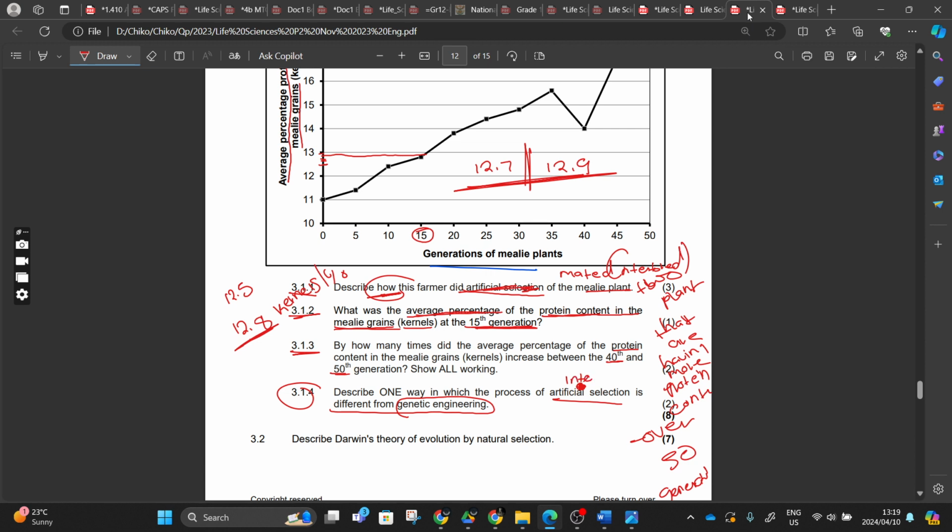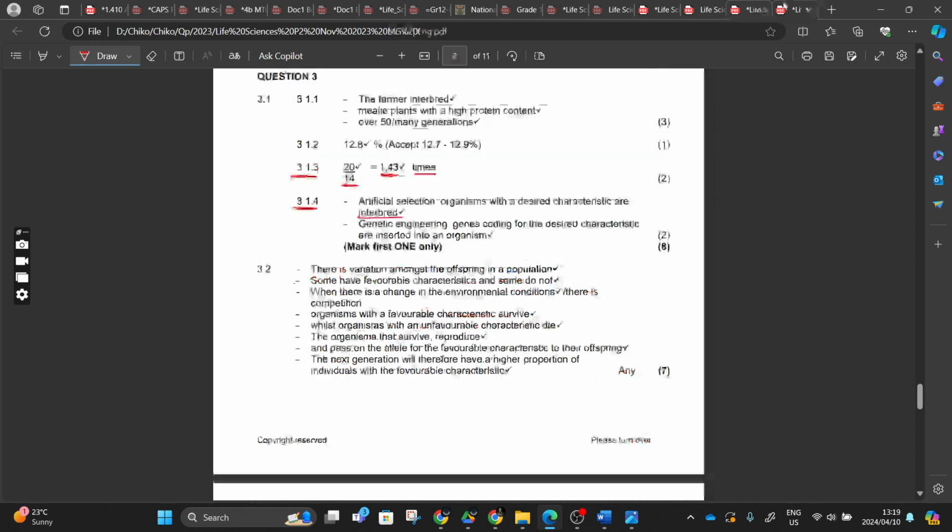There's a keyword: you interbreed two desired organisms, and in genetic engineering, you manipulate, or add or subtract genes, to produce a desired organism. There's a difference between these two.